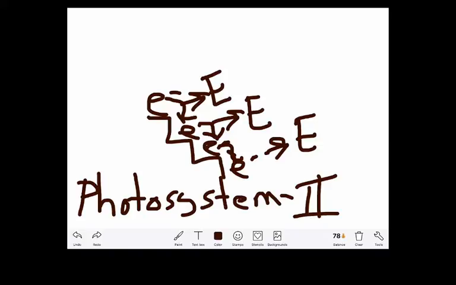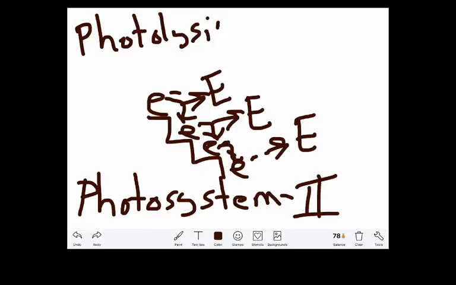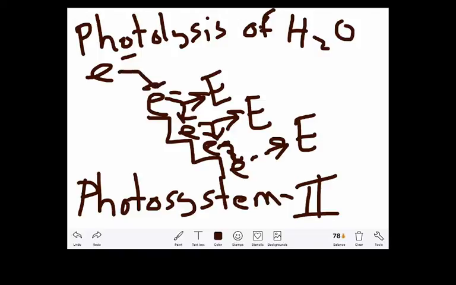In photosystem 2, the photolysis of water, the breakdown of water, yields electrons, which go down the electron transport chain, but also yield hydrogen ions.